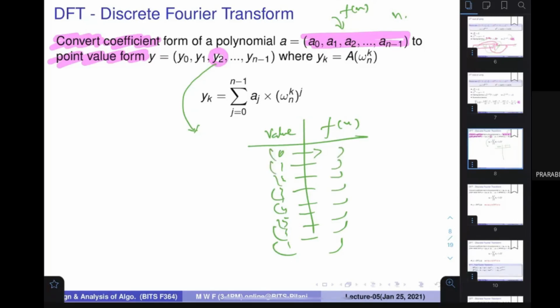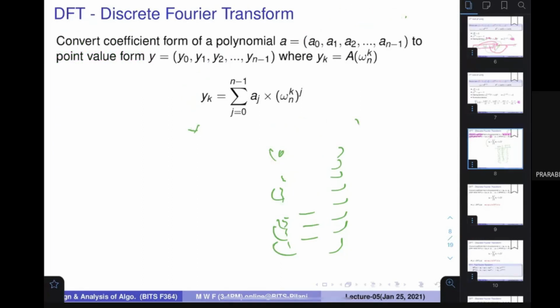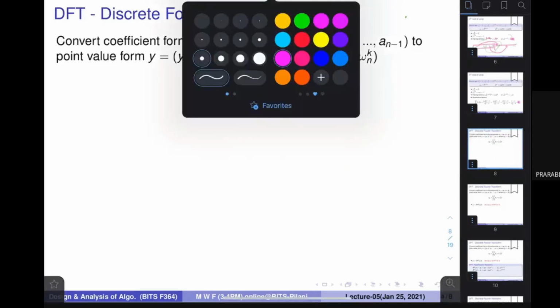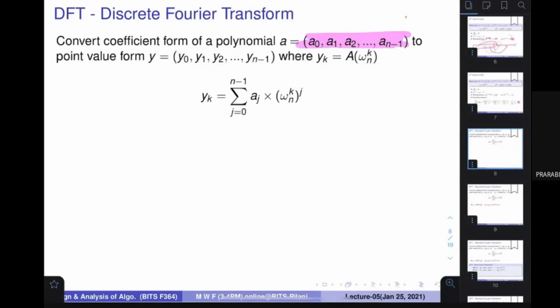Any questions here, on what I just said? I said that if you want to convert this thing to this thing, you have to, if you want to convert this to the point value form, for different values you have to find out what f is.